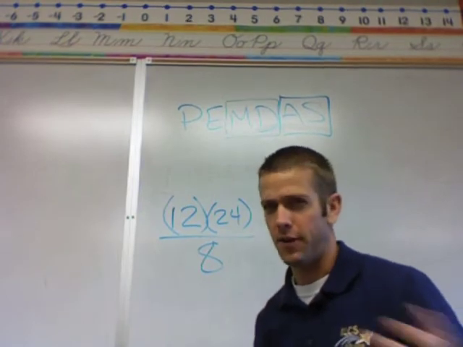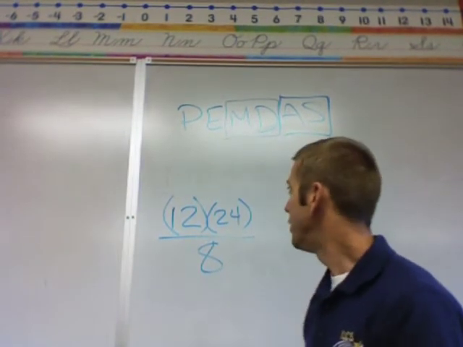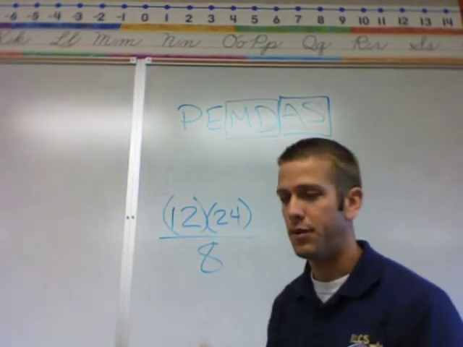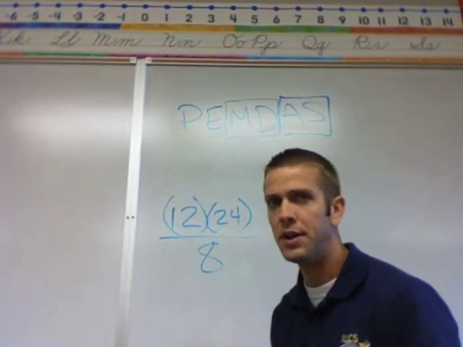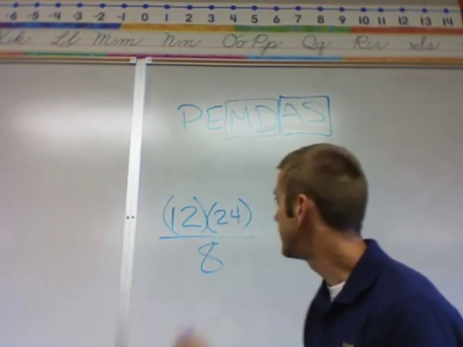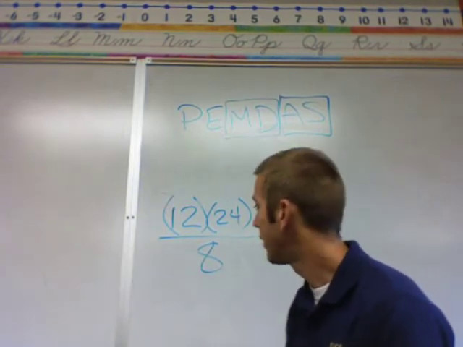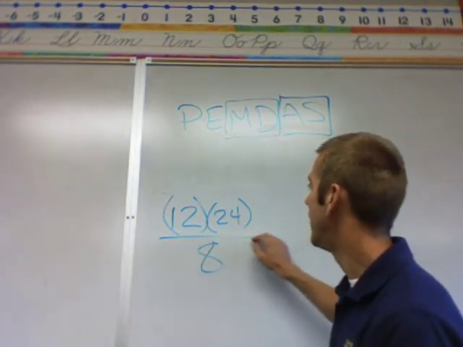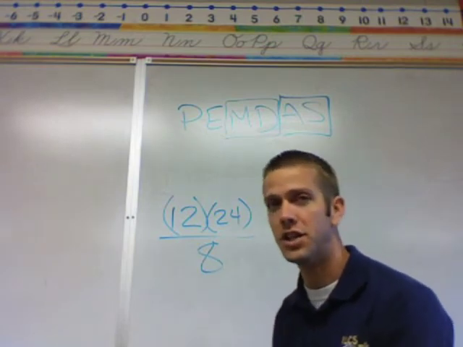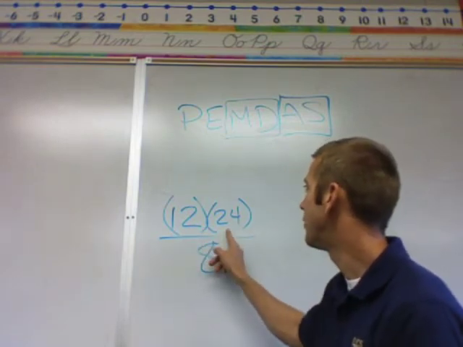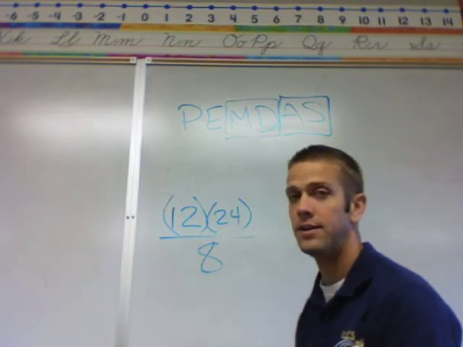Okay, let's first of all figure what this is exactly saying. When you have two numbers right next to each other with parentheses separating them, there's no symbol in the middle, it's multiplication. This says 12 times 24. That's what it says, 12 times 24. Okay? This line, the fraction bar, is a division line. So this is 12 times 24 divided by 8.